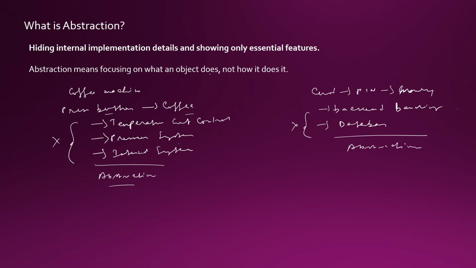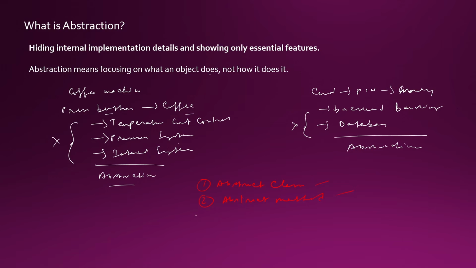And how can we achieve abstraction in Python? There are two things that we need to use in order to create our abstraction. Number one is abstract class, and number two is abstract method. So using abstract class and abstract method, we implement abstraction in Python.